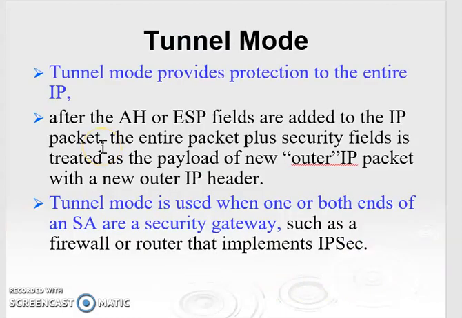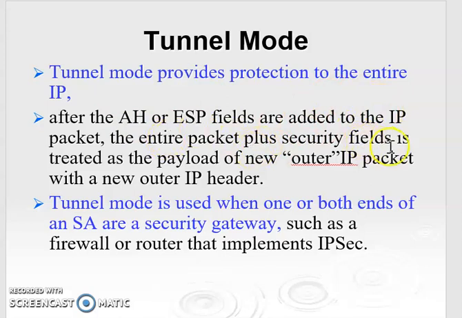Now the tunnel mode provides protection to the entire IP packet. In the transport mode, it provides protection only to the IP payload, whereas in the tunnel mode it protects the entire IP packet. In the tunnel mode, the AH or ESP fields are added to the IP packet.